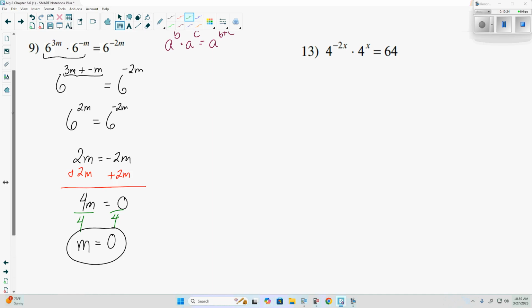All right. We feel good about number 9 before looking at 13. So if we look at 13, well, again, we've got these like bases here being multiplied, yes? So if I multiply like bases, we can add the exponents.